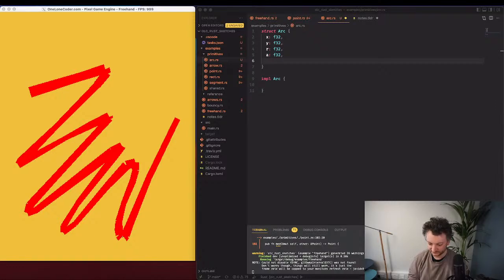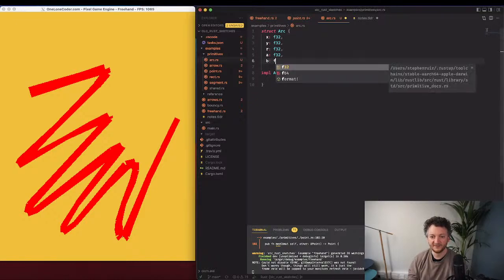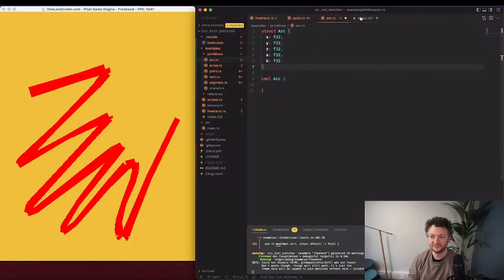Pause it. Cool. Let me see what's in the chat. So there should be a rotation in the second circle, and the point needs to move. Yeah, I'm not sure. I think I lost context on this. Let's just keep going with the arc, and then we will do this.